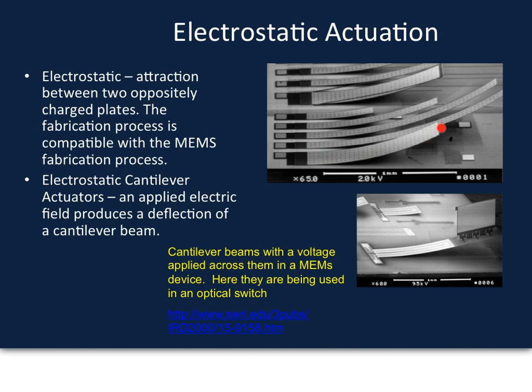It's manufactured so that it ramps up, or it's always sticking up when there's zero voltage across it. Then when you apply a voltage difference between the device itself and the substrate, it gets pulled down to the substrate. These devices are called electrostatic cantilever actuators, and essentially what happens is that an applied electric field produces a deflection of a cantilever beam.